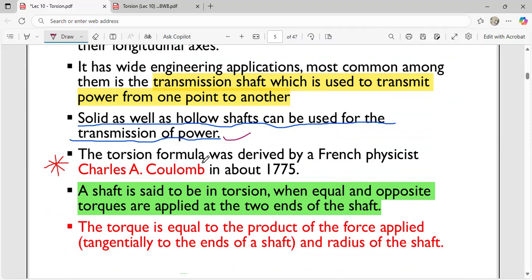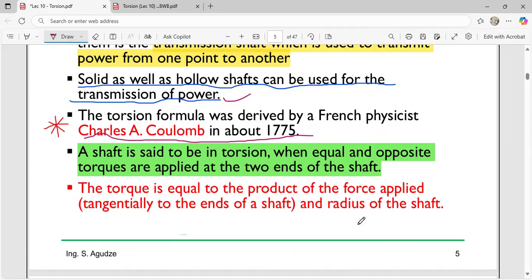Yes, the torsion formula was derived by a French physicist, Charles Augustin de Coulomb, in 1775, as we just learned about him earlier. A shaft is said to be in torsion when equal and opposite torques are applied at two ends of the shaft.